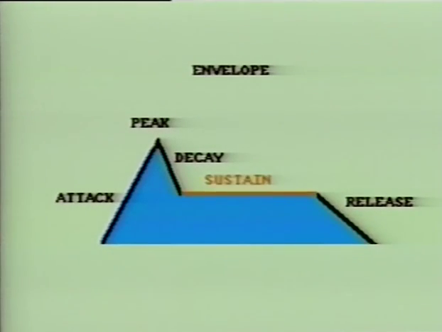Once a sound reaches its peak level, it continues immediately to the next volume level, and the next volume level is known as the sustain level. The stage between the peak level and the sustain level is called decay. Decay is a rate, and it determines the speed at which a sound's volume level travels from peak to sustain.